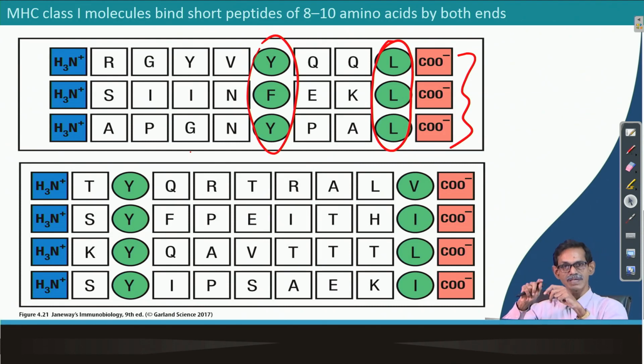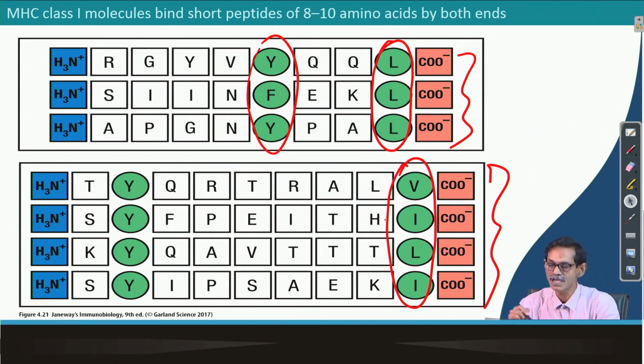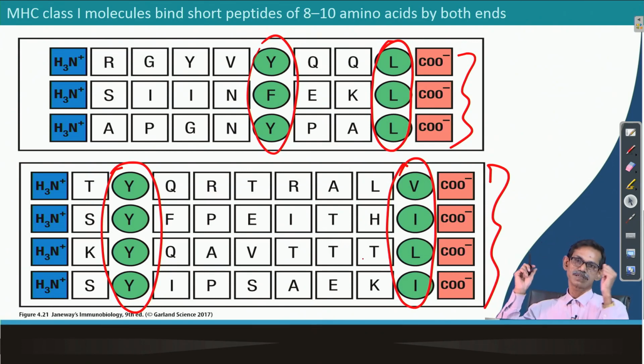Similarly, this is another example of another set of peptides, where again at the C terminal it is conserved, all should be tyrosine, but the rest is not that important. This is not true for antibody. Antibody cannot be that generous.